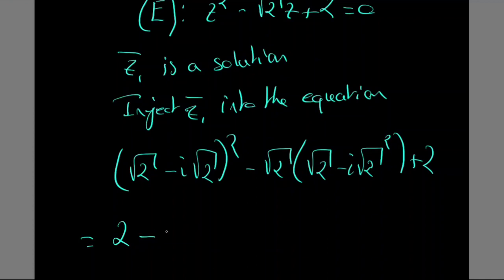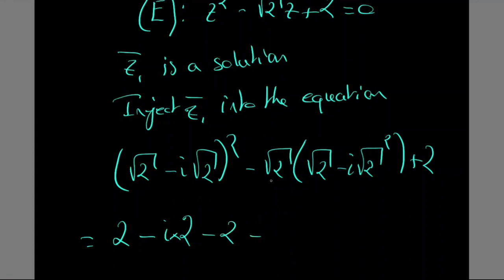The first term is equal to 2 minus i square root of 2 squared, so 2 plus i squared times square root of 2 squared, so minus 2.